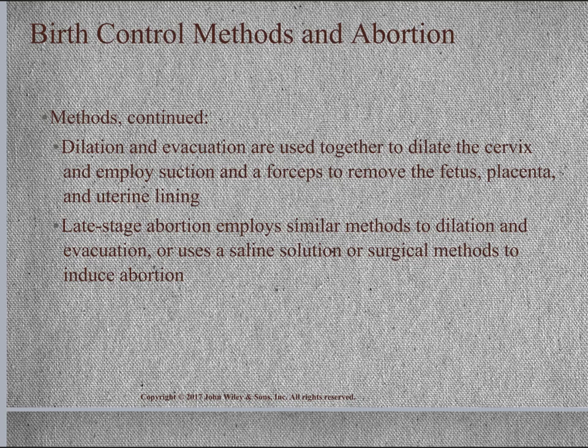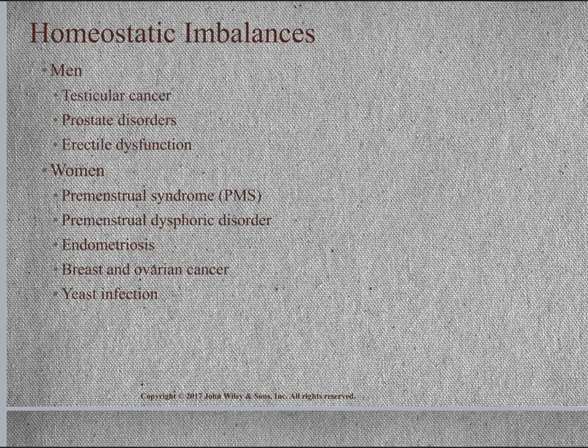Late stage abortion employs similar methods to dilation and evacuation, except it uses a saline solution or surgical method to induce abortion. We can review some homeostatic imbalances in men and women. In men, we talked about testicular cancer, prostate cancer and disorders, and erectile dysfunction.